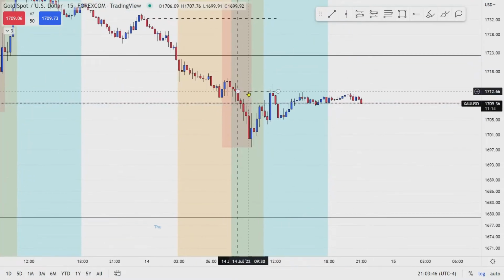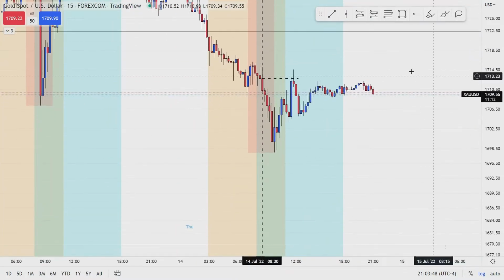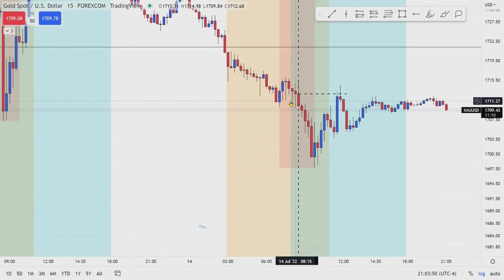And so at 8:30, we had price also open and go below opening price, meaning it's in a discount market.